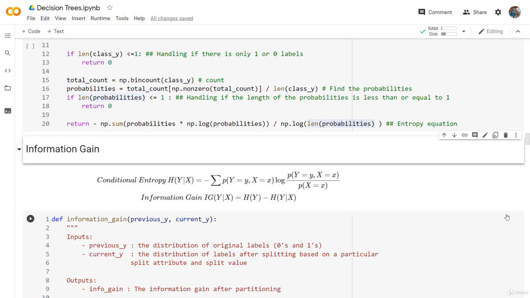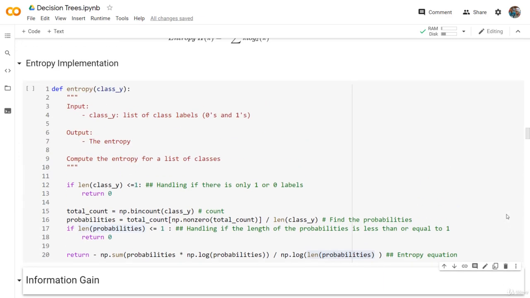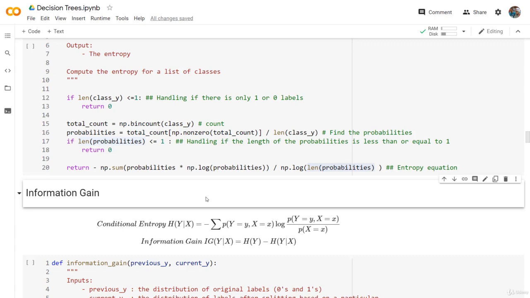So the information gain is based on the entropy. That's why we explained the entropy and implemented it. So basically the information gain, as we can see here, is the information gain of y given x. So the information gain of our labels given that we know x. Okay, so x is the question you answered or the questions I answered.